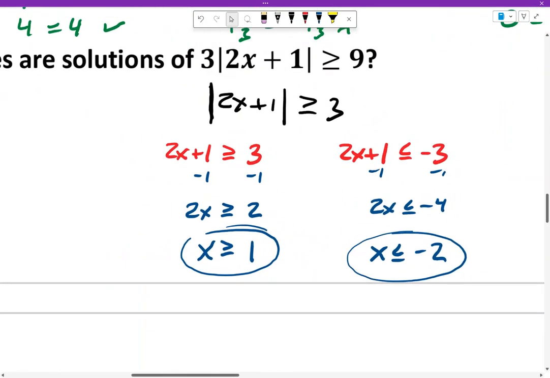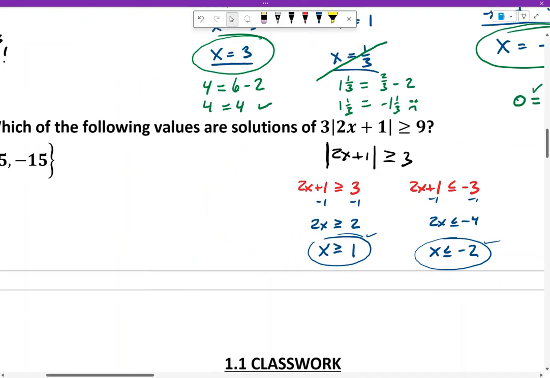Now if I check these numbers up here, since it is an inequality, let's see what happens. If I put 1 in, that's 3 over here in the absolute value, which is fine. And negative 2 gives me negative 3, which is also the absolute value there is 3 as well. So they both work out. We can be happy with these ranges.